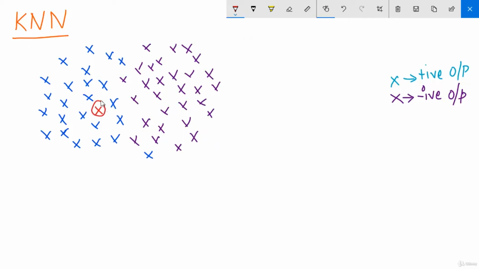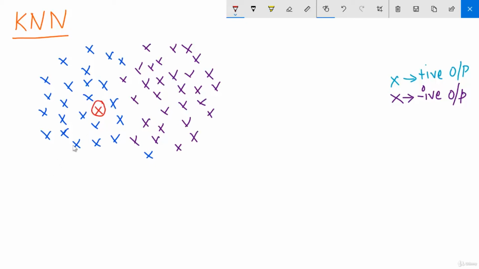This is a new point, a new data point. Now if my machine wants to tell whether this point belongs to the positive data set or the negative data set, we can say that by looking at it, it comes under the positive, the blue group, so it is positive.